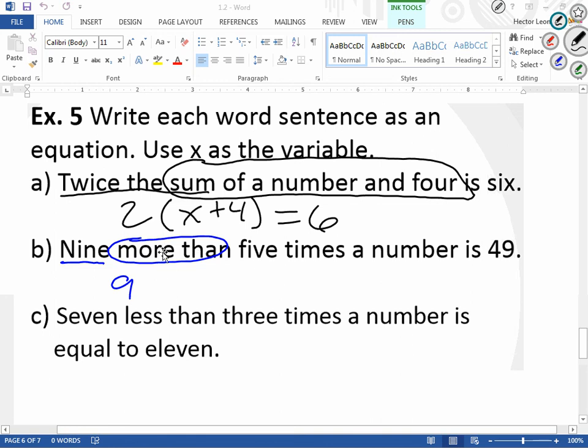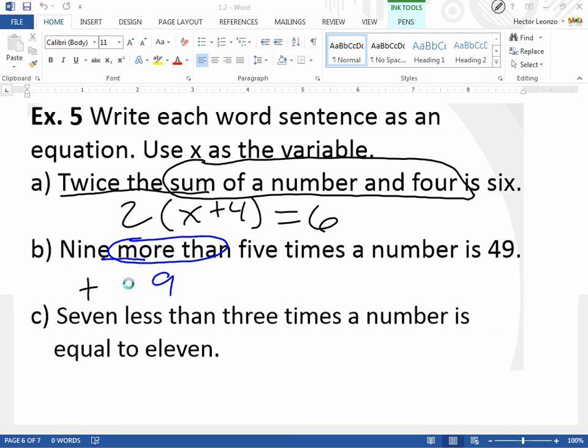But because it's more than, it's going to put a plus before the 9. I mentioned in the previous section that inequality started with the words is more than, is less than. This one does not have the word is, so it's not an inequality. The word more means plus, so we're adding, but because of the word than, we're adding it before the 9.